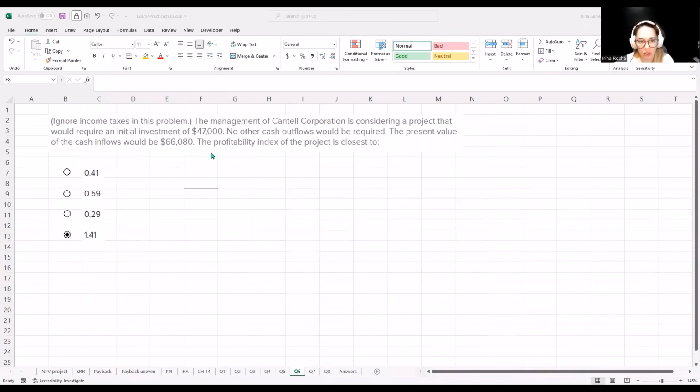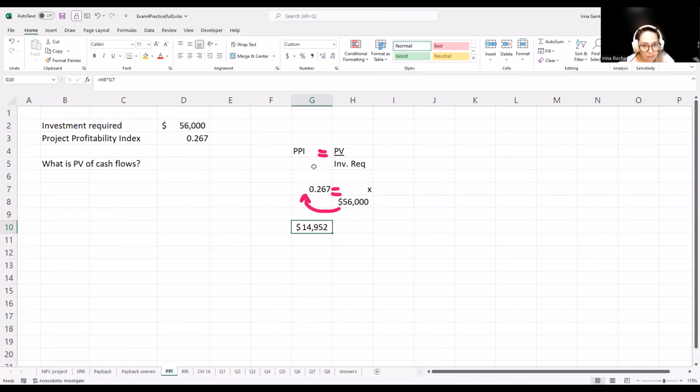Okay, so this one is just to check if we know the formula. It says the management of this corporation is considering a project that would require an initial investment of $47,000. No other cash outflows would be required. The present value of the cash inflows would be $66,080. The profitability index of the project is closest to. So the profitability index formula, we got it around here.